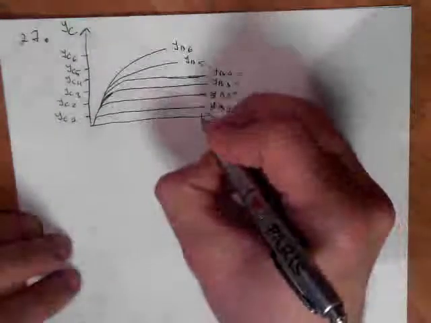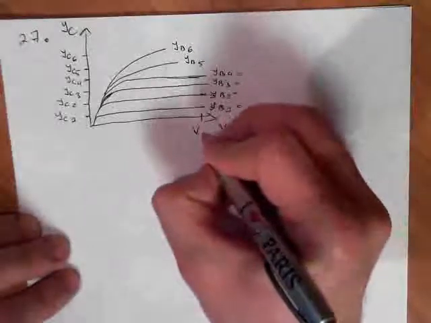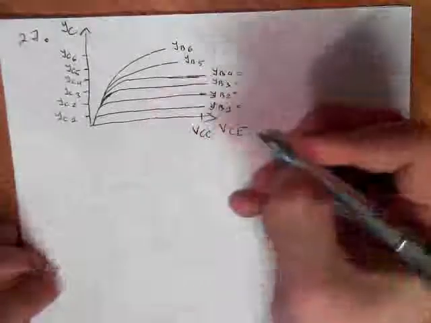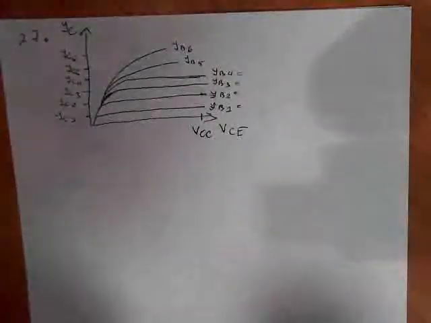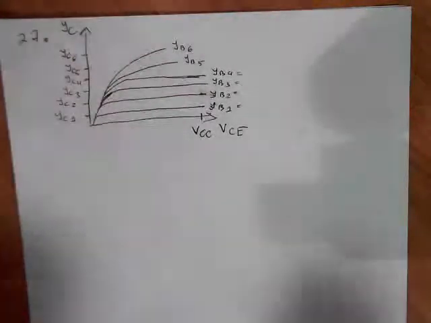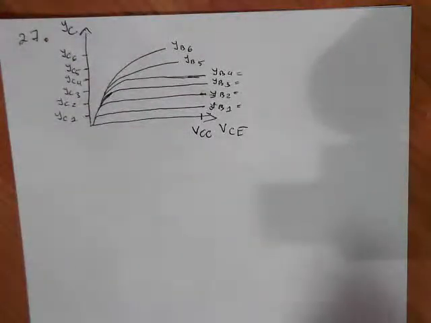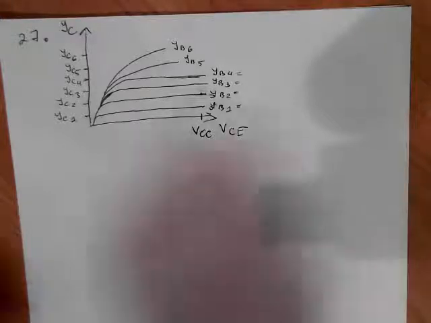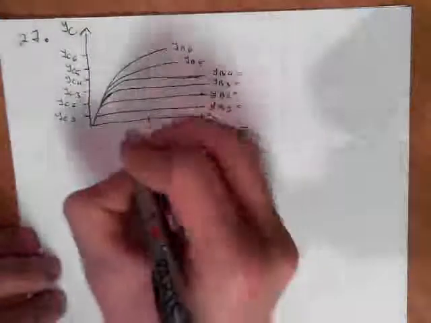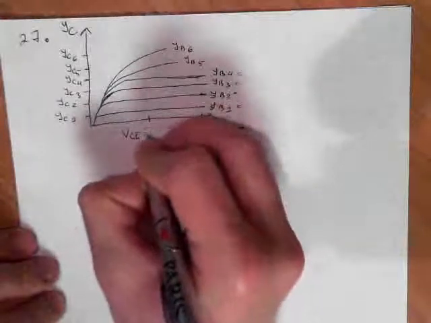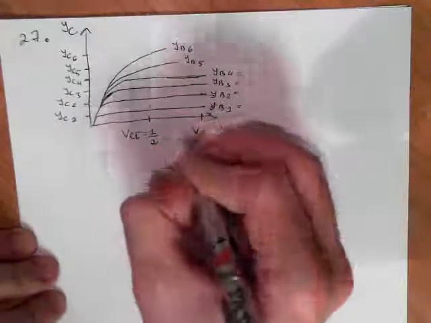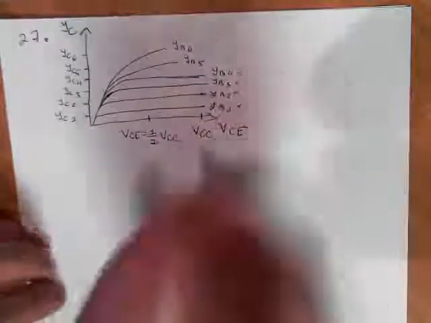The highest possible voltage was equal to VCC, that was the collector power supply voltage. As you can remember, when the transistor was used as an amplifier, this VCE was equal to 1 divided by 2 VCC.